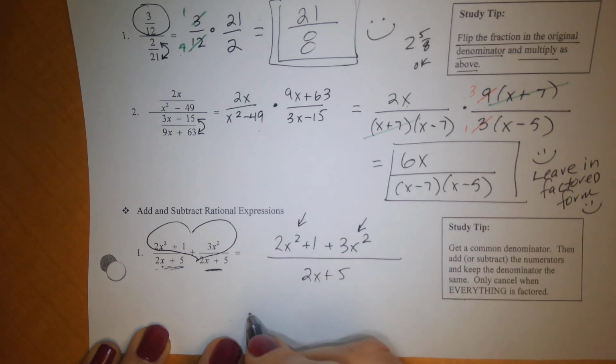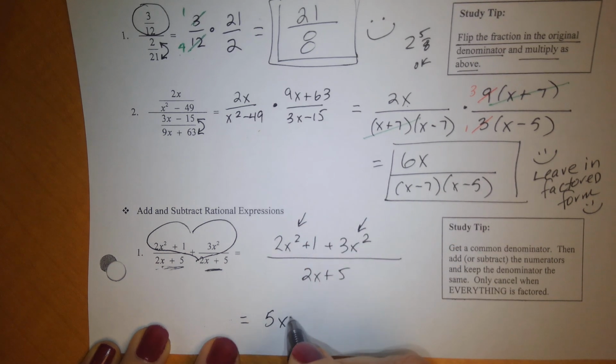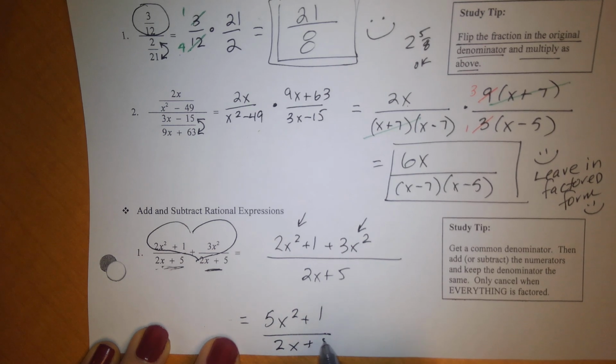I'm going to want to add those together. So that's actually 5x squared plus 1 over 2x plus 5. If at all possible, try to factor this and reduce further, but in this case there's nothing I can do to reduce or factor this numerator or this denominator, so this is fully simplified.